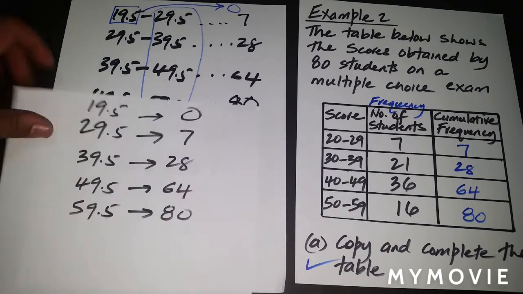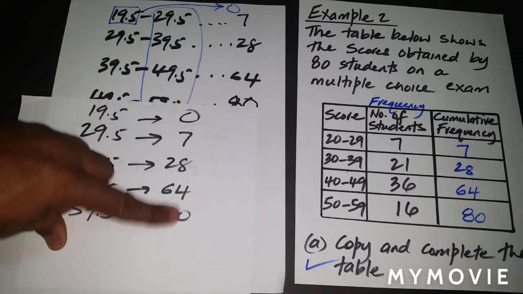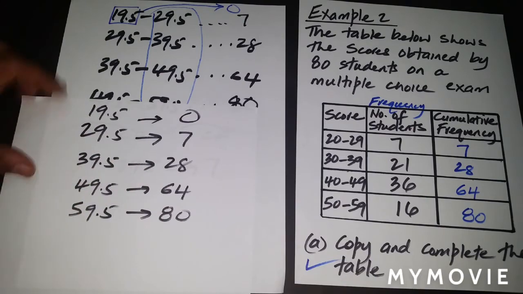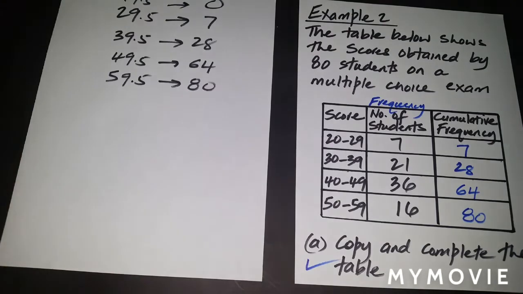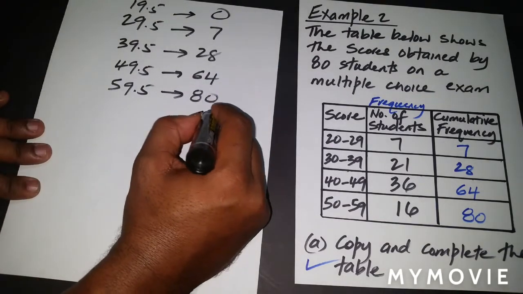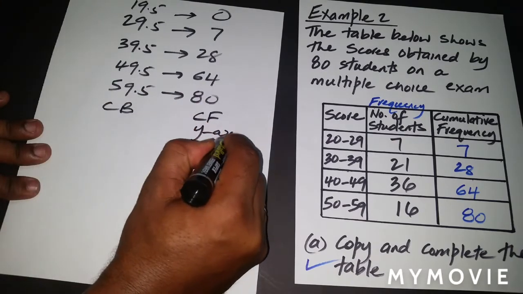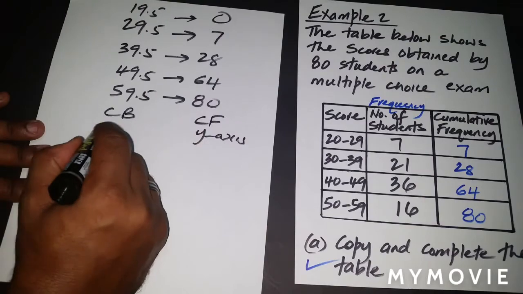Okay. So again, cumulative frequencies here and class boundaries here. So this is what we're going to be focused on in terms of plotting. So remember, cumulative frequency is always the y-axis and class boundary is always the x-axis.